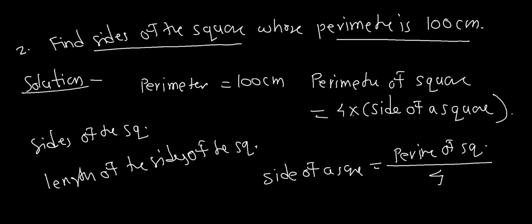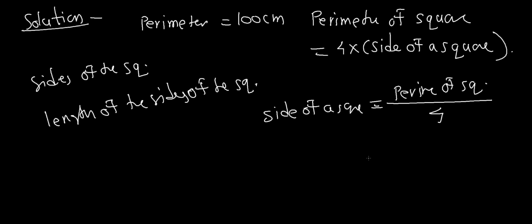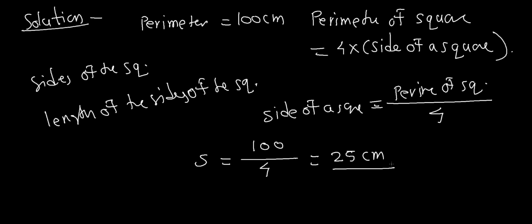The 4 that is multiplied here goes to the other side and becomes division, the divisor. Let's say side of the square is S and the perimeter given is 100, and we divide by 4. So we get 25 as the output, and its unit is centimeter, 25 centimeter.